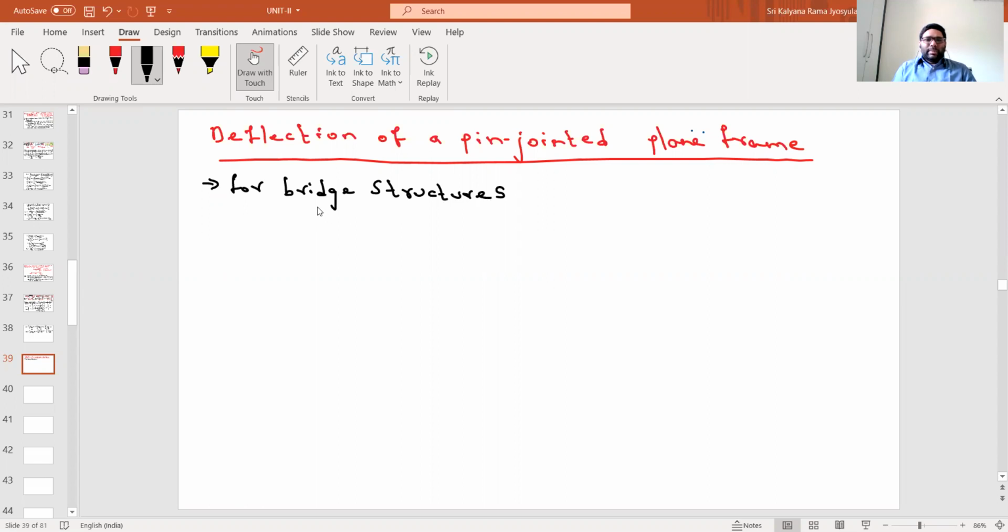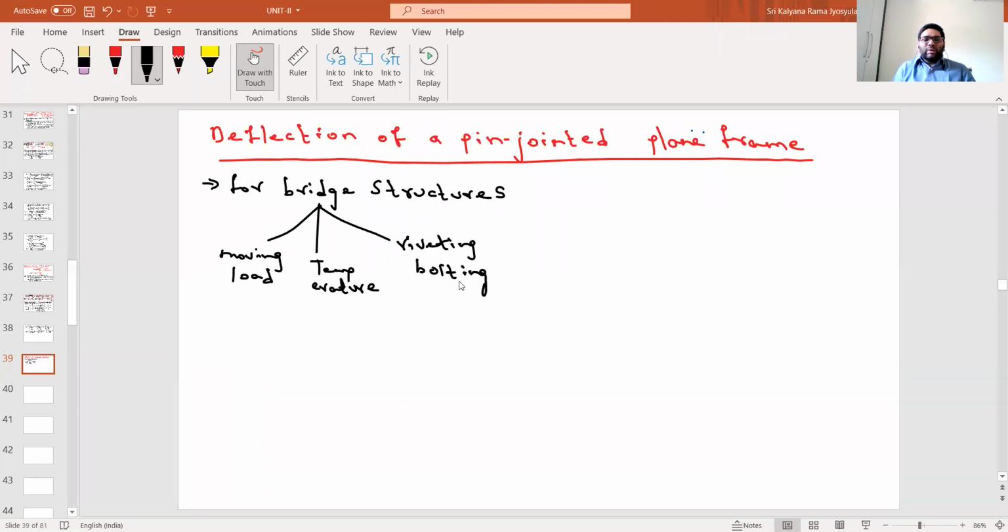So there are various ways that it can deflect: due to moving load, due to temperature, and due to riveting and bolting.